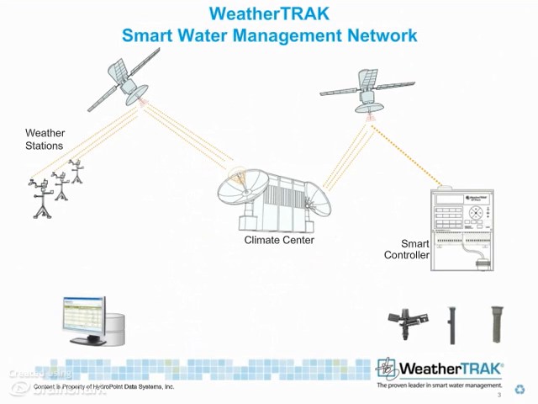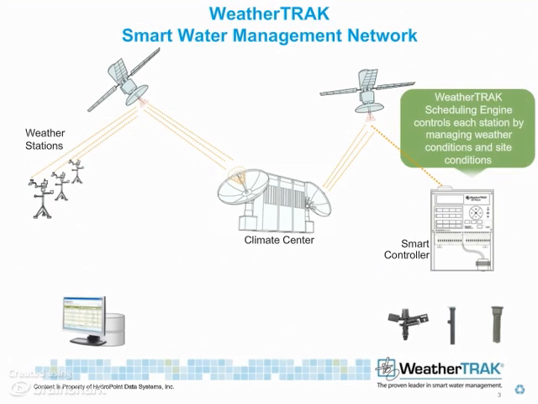This is an important step in how the WeatherTrack saves water. Knowing which stations have enough water in the soil to keep the plant material healthy and not applying more water to those stations is a fundamental step in how the WeatherTrack system will reduce your annual irrigation water consumption by 20 to 50%.